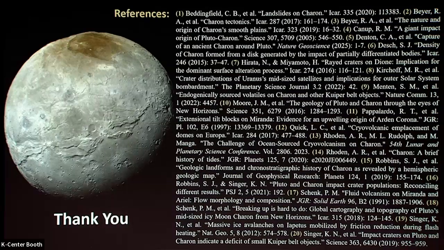It seems like everything interesting happened early, and then Charon froze, and we get everything that we see here. But if you want a source of cryovolcanism, that would suggest that either you had to keep Charon warm later, or you had to have a way to bring material up through fractures, which again, we run out of processes very quickly to do these things.